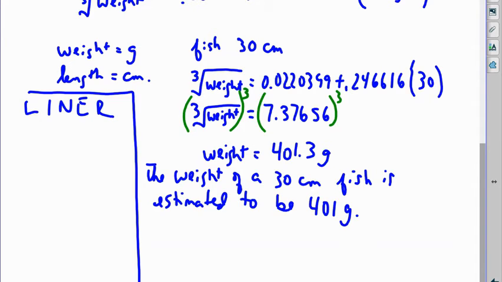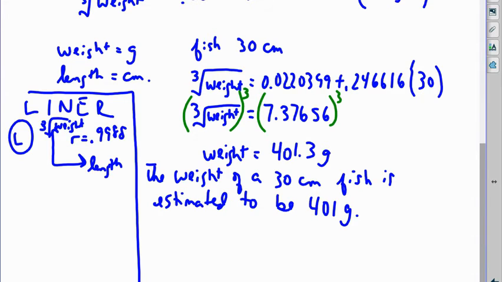In this, for my L, I would be looking at my graph where I have my length and I have my cubic root of the weight. I'd be looking at that for it to be straight, which we did look at already. We also saw on that the R for that was 0.9988, something like that, and that it was straight.